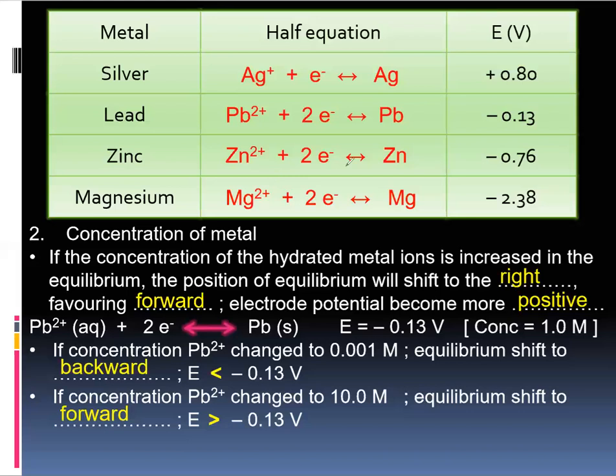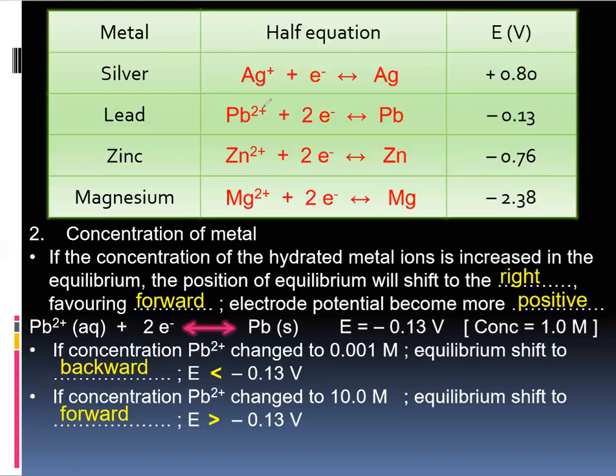For zinc also, you can see our electrode potential value is negative, so it will favor the left reaction. The reaction will shift to the left, and it will favor the oxidation reaction. The same thing with magnesium, Mg2 plus plus 2 electrons to give us Mg. You can also see it is negative.